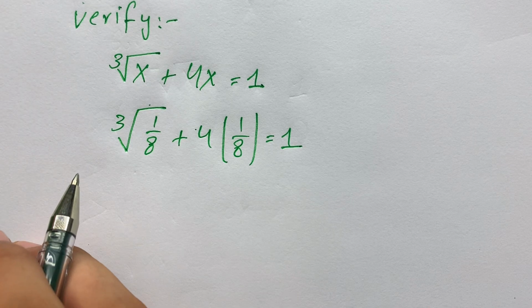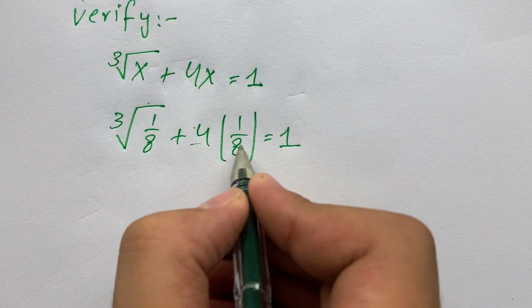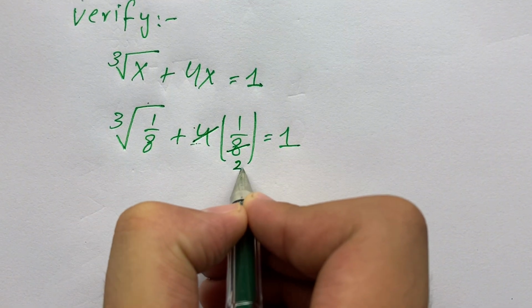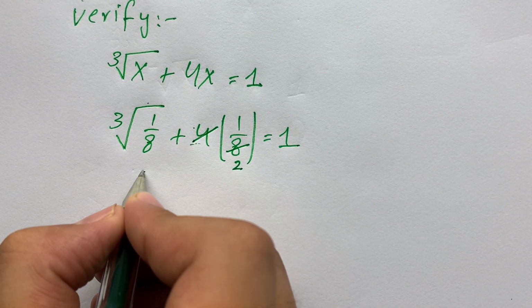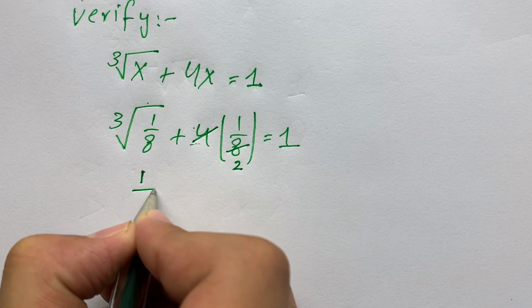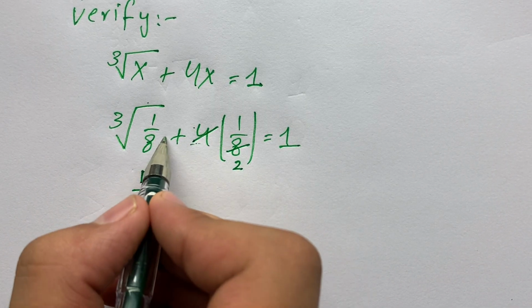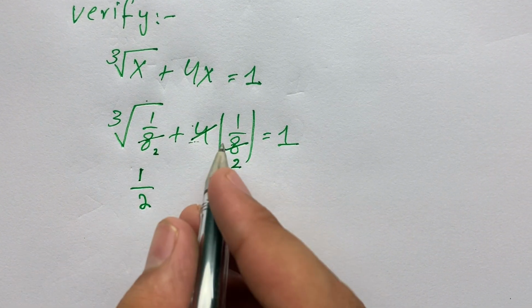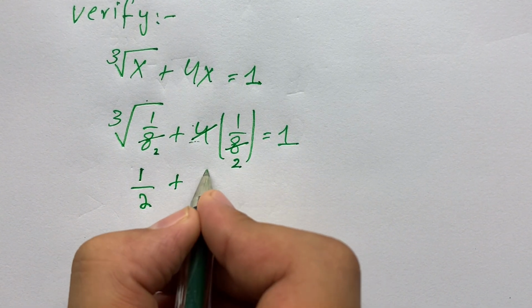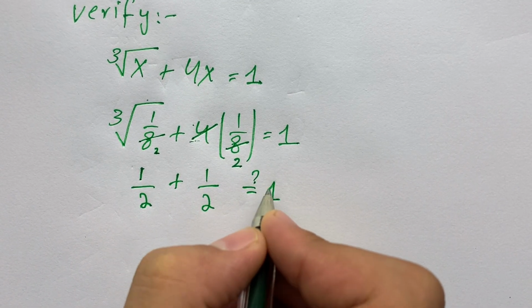And this will be, this 8 cut by this, remain 2, and this will be 1 divided by 2, this cut by this, remain 2, plus this, equal to 1 divided by 2 is equal to 1.